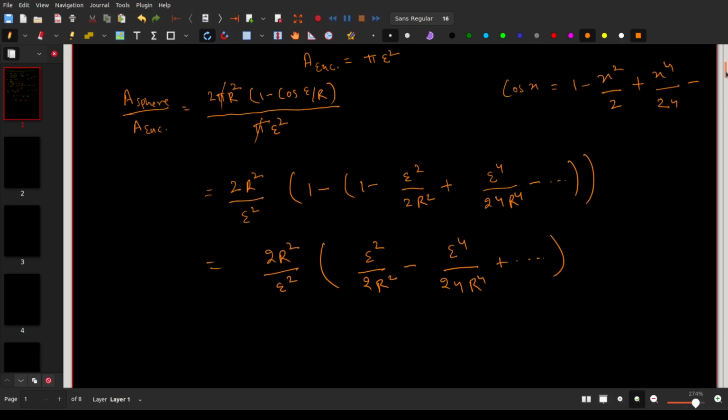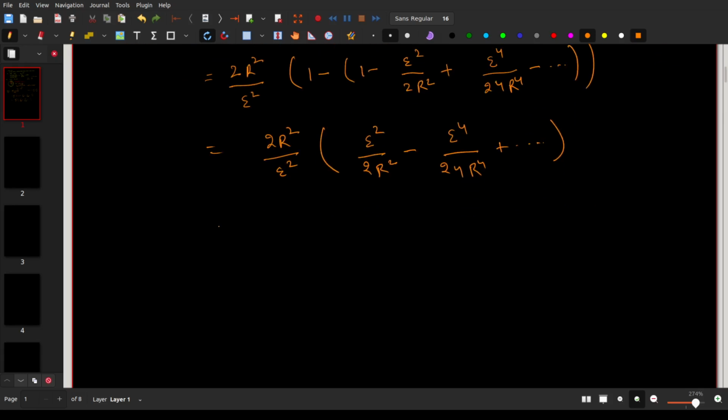So now 2r square will cancel 2r square, epsilon square will cancel epsilon square, so we'll be left with 1. The first term is 1, and then the second term is epsilon square by 12 r square, plus higher order terms.